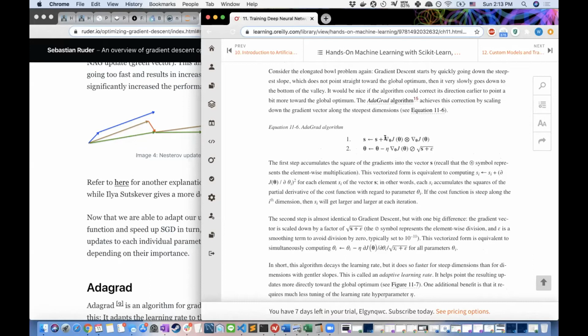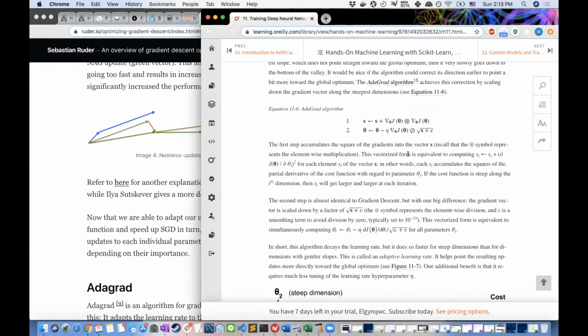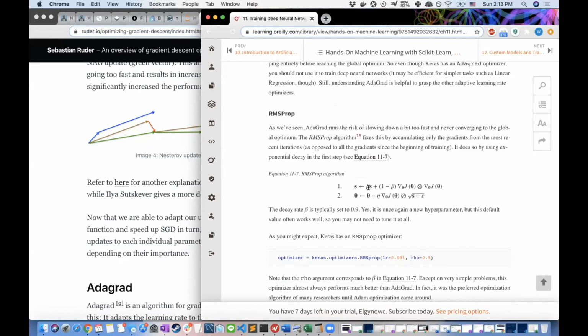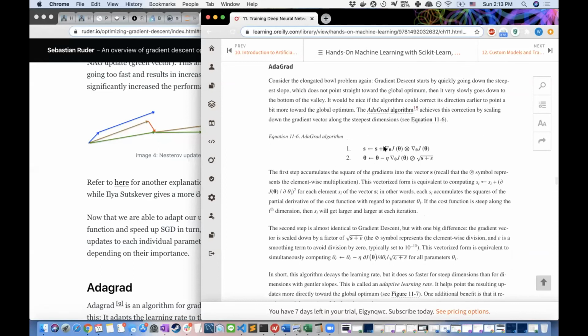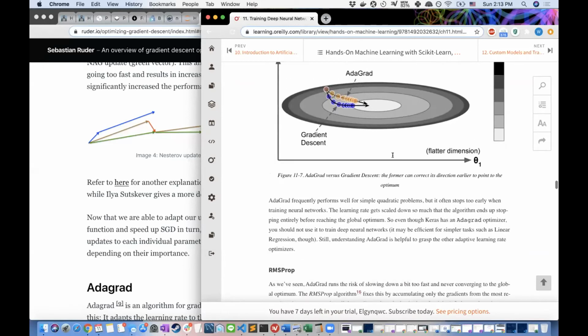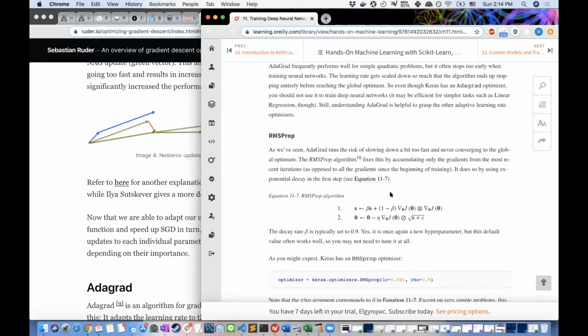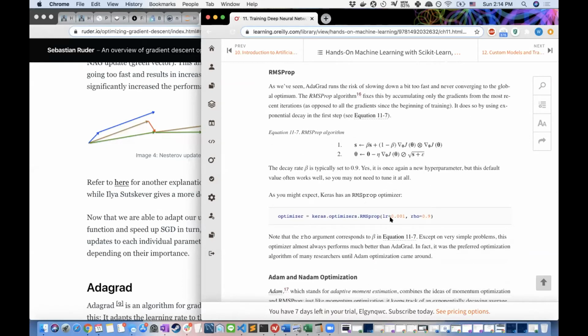For AdaGrad, the first step uses s plus the square of the gradient, whereas here it uses an exponential decaying rate of beta, set to 0.9, so 0.9 times s plus 0.1 times the square of the gradients. That's how it's coded with Keras.